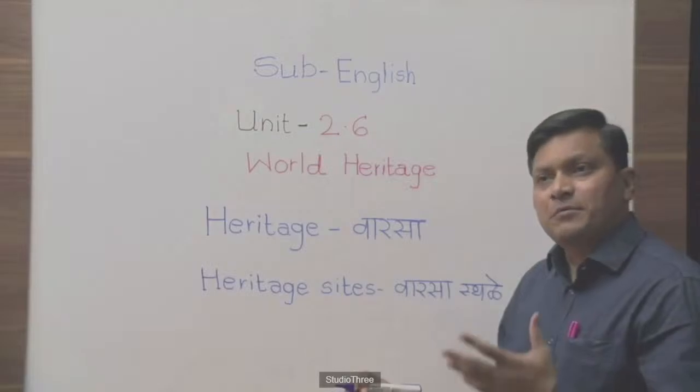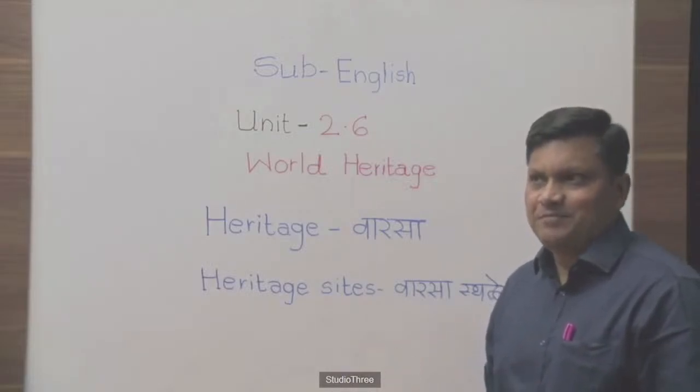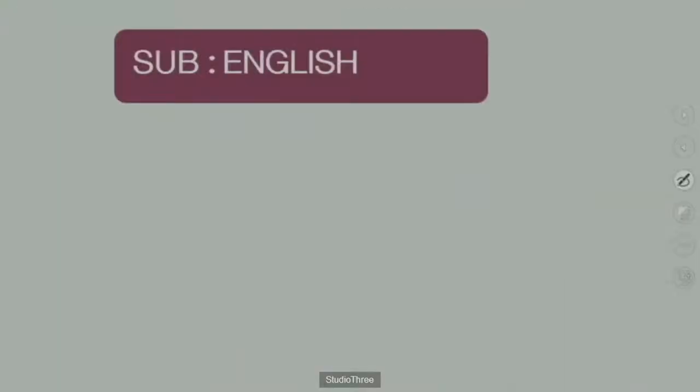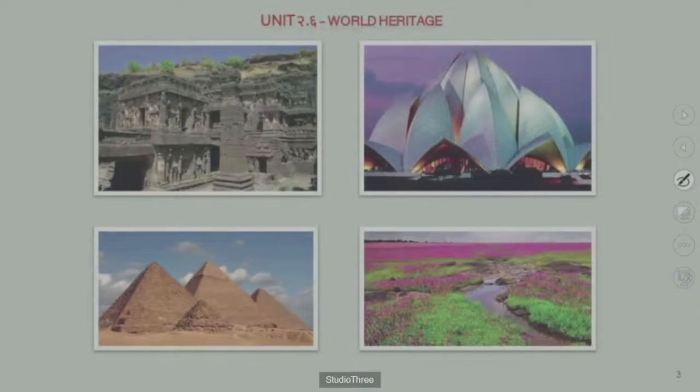We'll go to a PowerPoint presentation to know more about this lesson. Dear friends, what do you see on your screen? That is Unit 2.6 World Heritage. Let's see. This image you can see on your textbook front page.